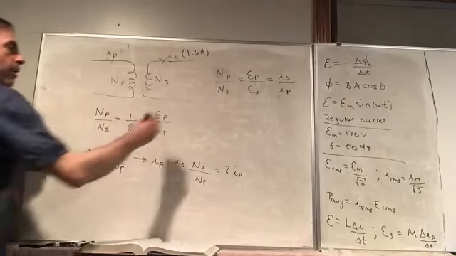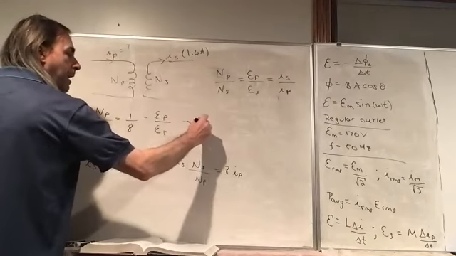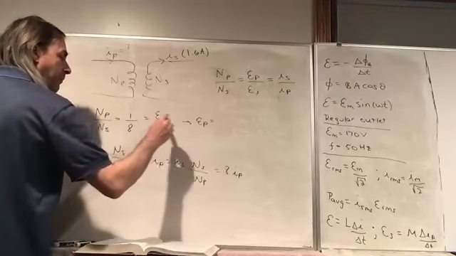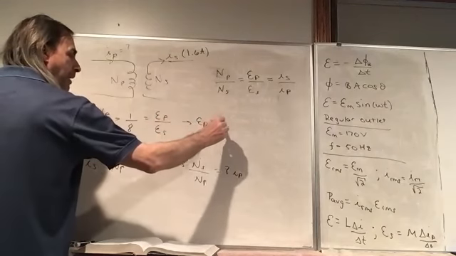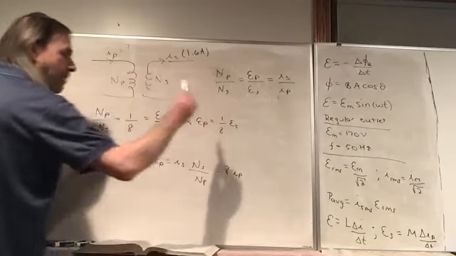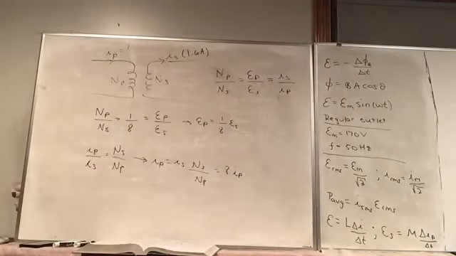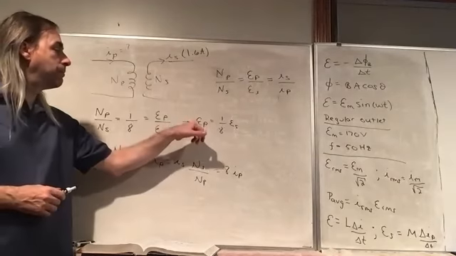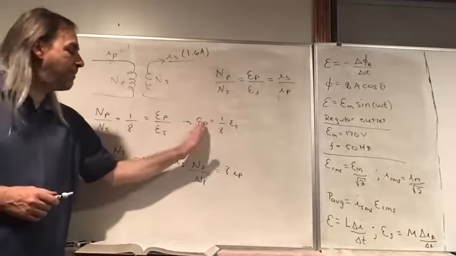If we write it this way, the EMF in the primary coil would be 1/8, just reading it backwards, times the EMF in the secondary coil. Sorry, that would have been a step up transformer. I was thinking about that backwards.